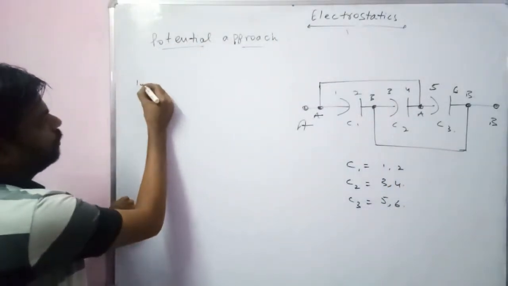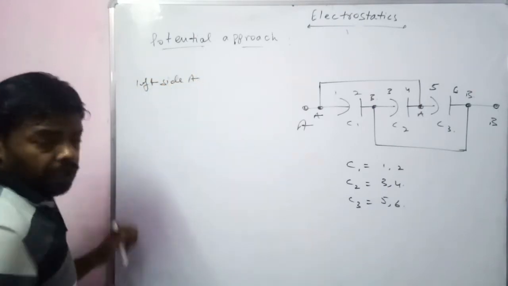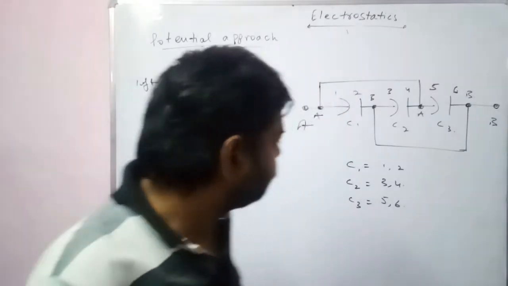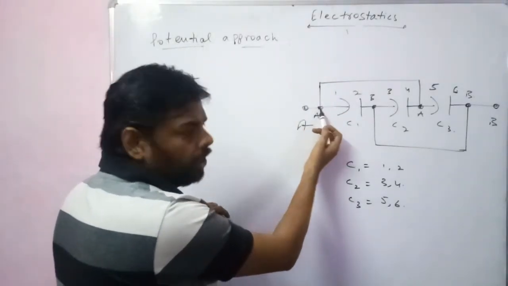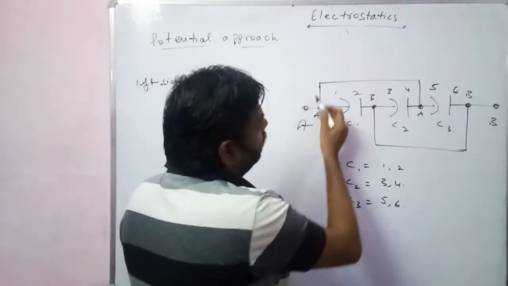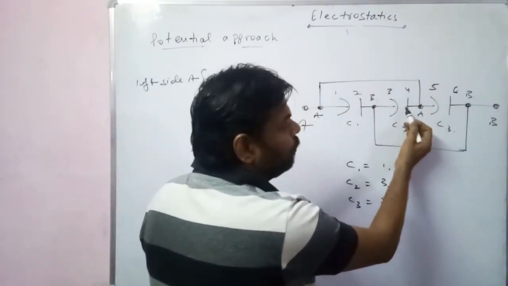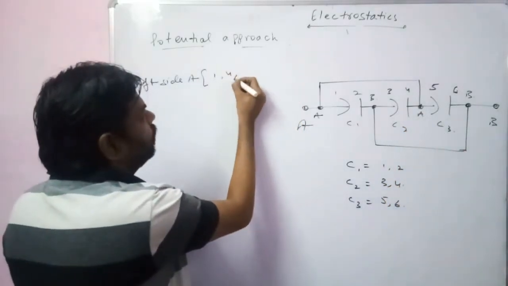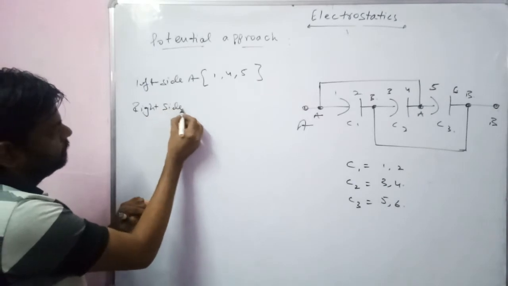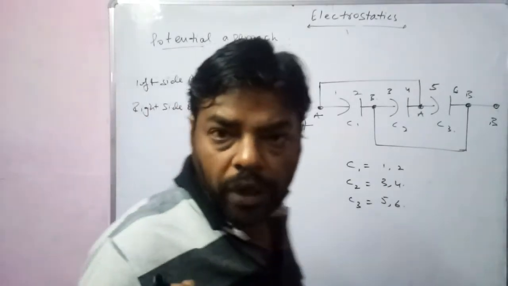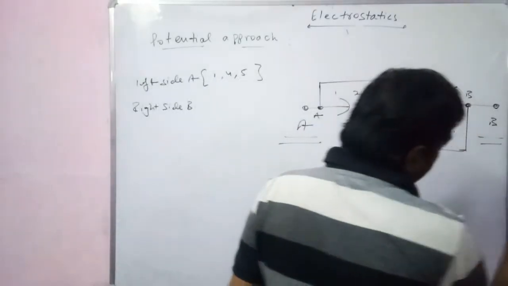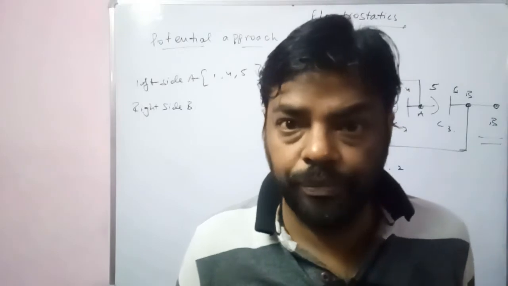Now, on the left side, we have the point A. Let us write out the names of the plates which are connected with the junction A. The first plate is connected with the junction A. Then again, via junction A, on the left the 4th plate and on the right the 5th plate are also connected with A. Now on the right hand side we have the junction B. Remember one very important thing: when I talk about the right side and the left side, I am talking about the extremes of the junctions, that is the end sides.